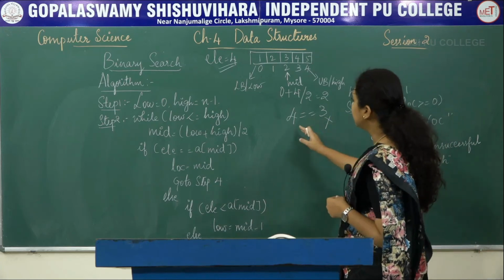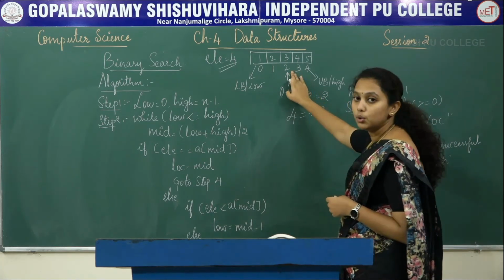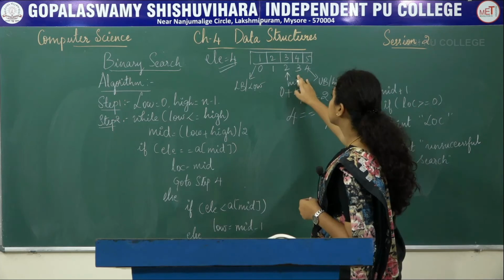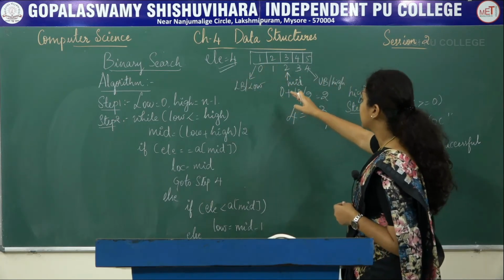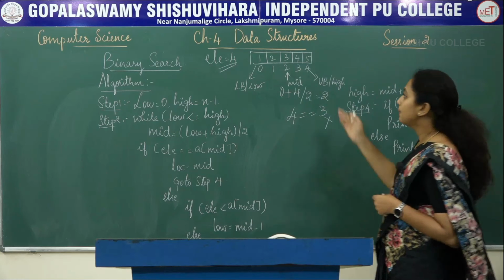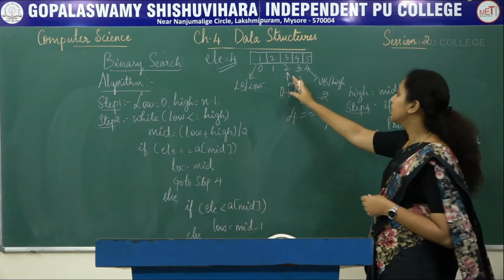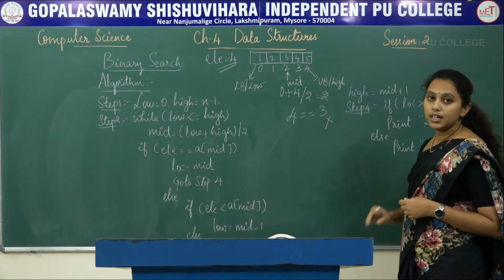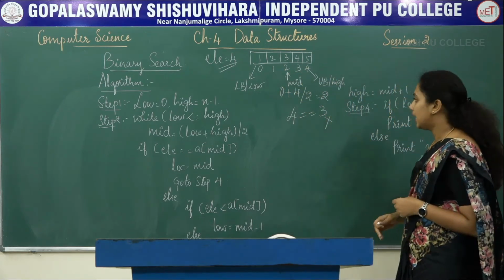If the element is less than A of mid, then what we have to do? We have to perform the search to the left of an array. If the element is greater than the mid element, then we have to perform the search towards the right of the mid element of an array.